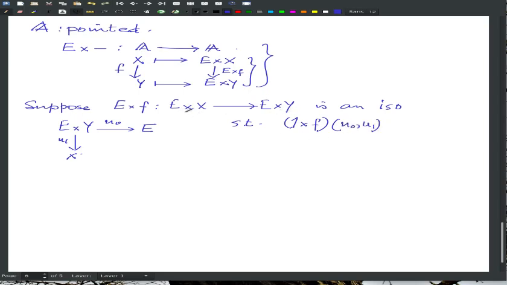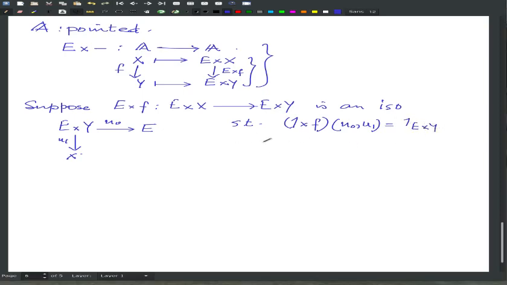So that's that map. This is the identity of E cross Y. So which is saying U0 U1 is identity of E and identity of Y.